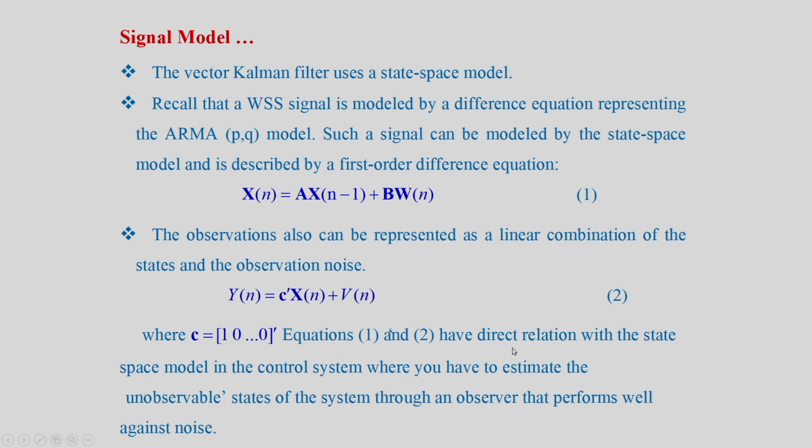Equations 1 and 2 have direct relations with the state space model in the control system, where you have to estimate the unobservable states of the system through an observer that performs well against noise. So, there also Kalman filter comes.